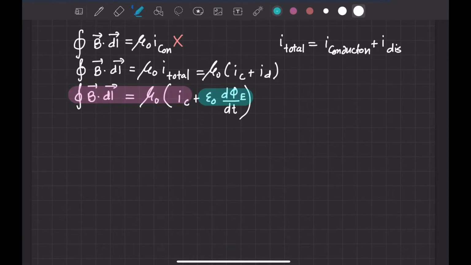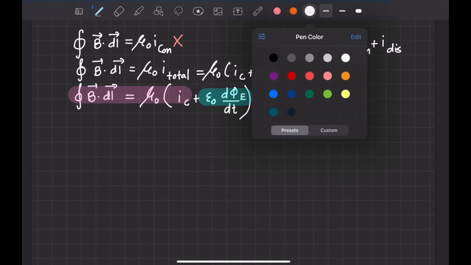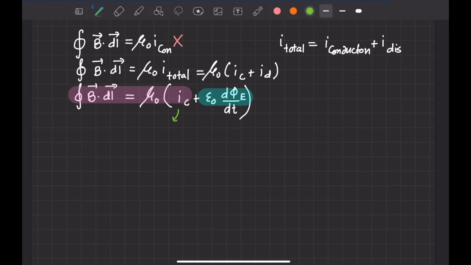Okay, so this current, the IC, is called conduction current, and this current is called displacement current, right? Displacement current. Now interestingly, IC is always equal to ID.